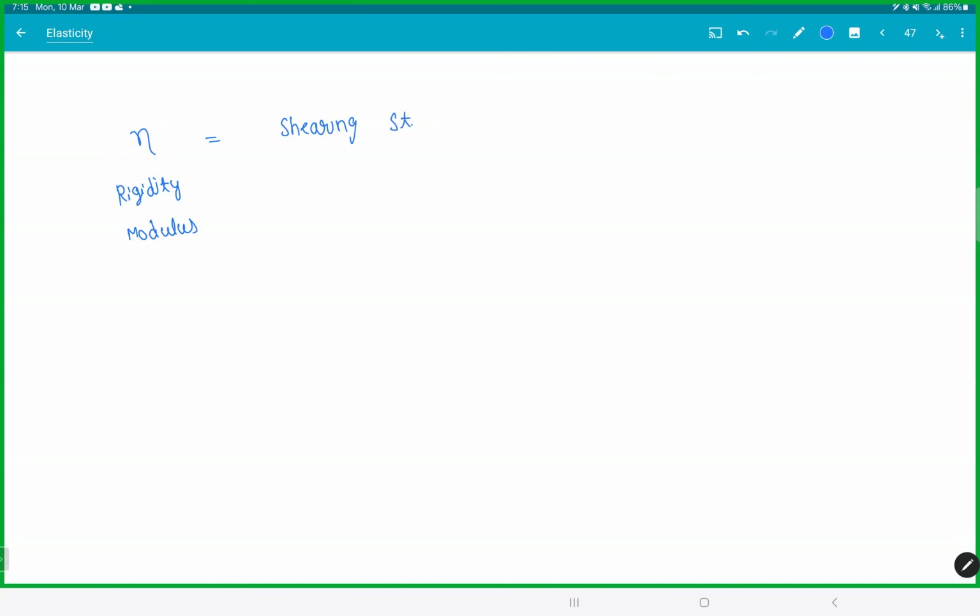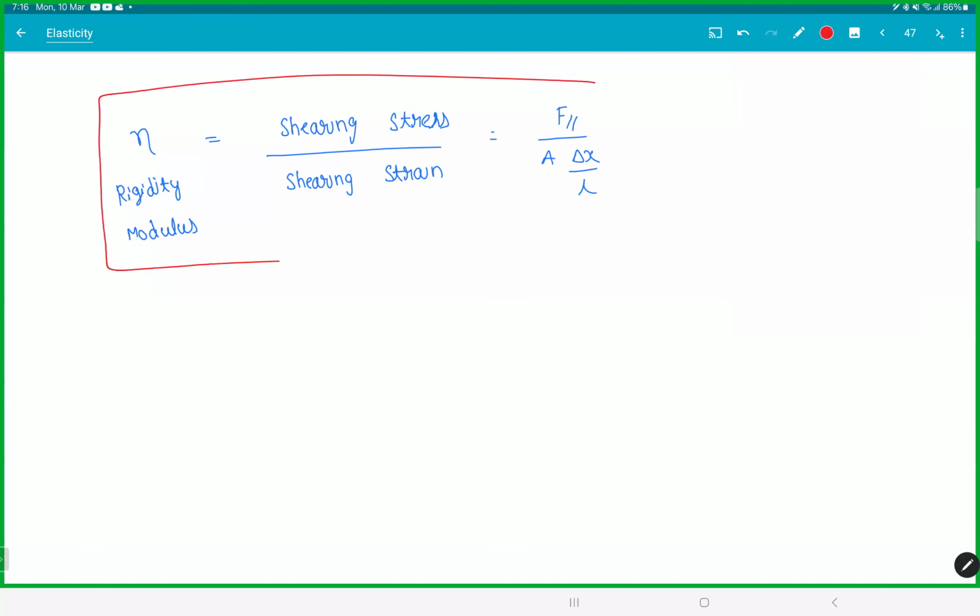So all these modulus are that only, stress by strain, but which stress and which strain. This is the force parallel by area, delta x by L. That's it. This is the only formula we have.